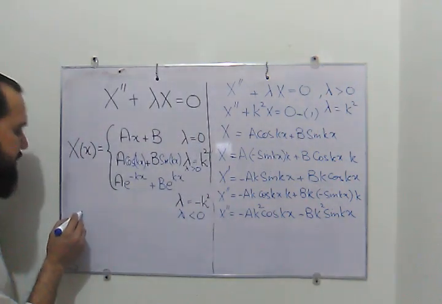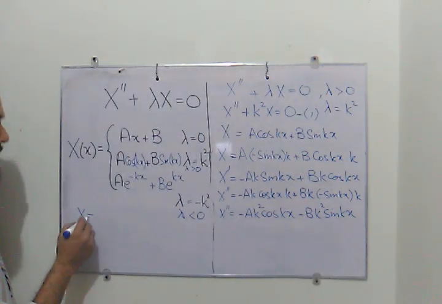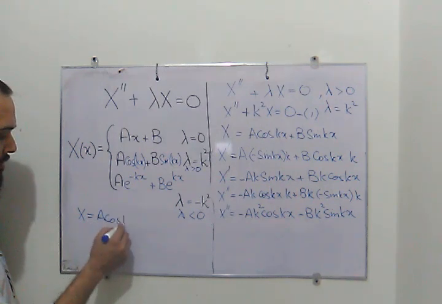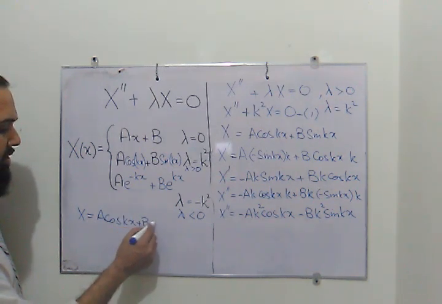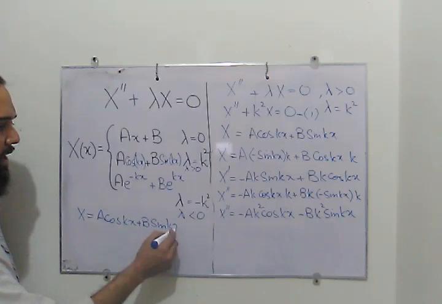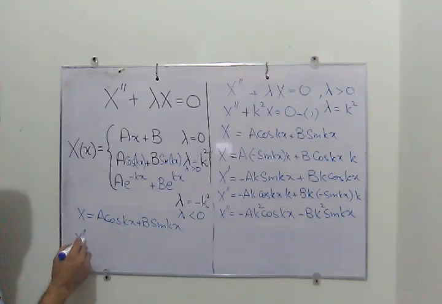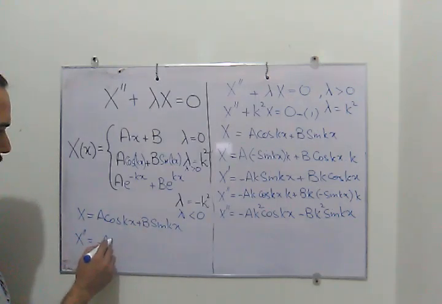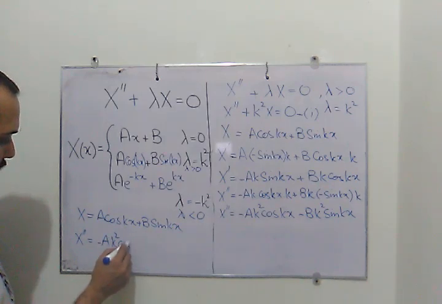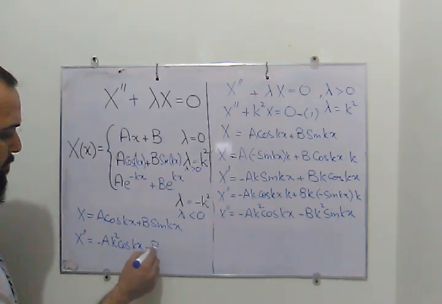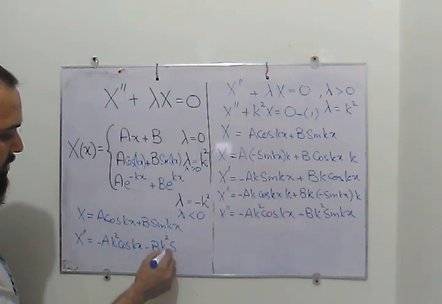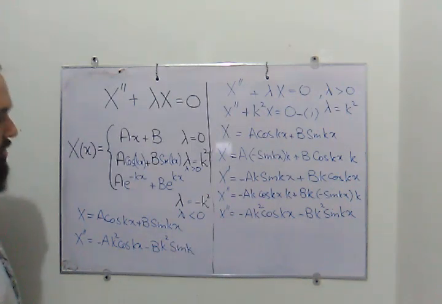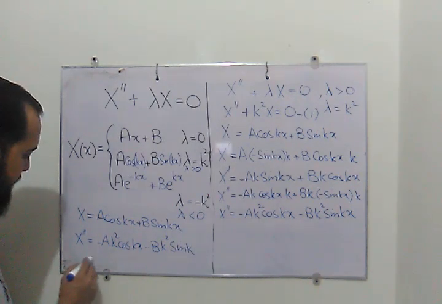So we write both solutions here. x is equal to a cos kx plus b sine kx, x double prime is equal to minus a k square cos kx minus b k square sine kx. Now we can put these solutions in equation 1.